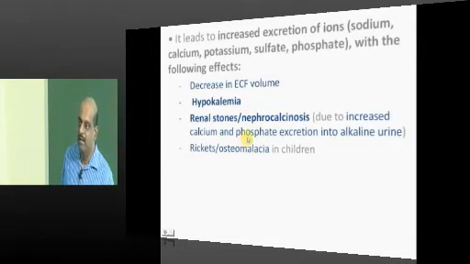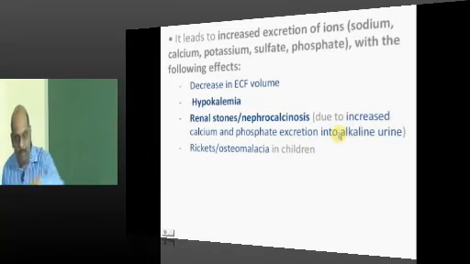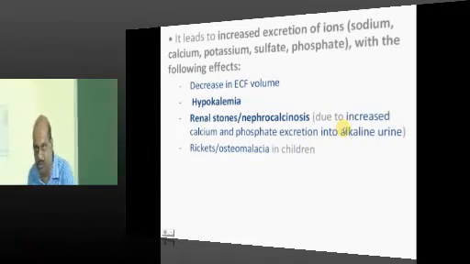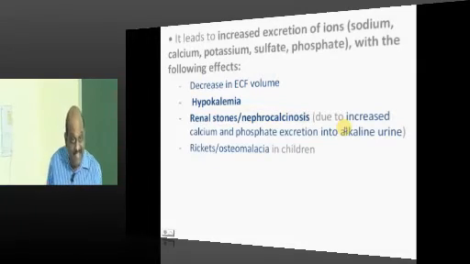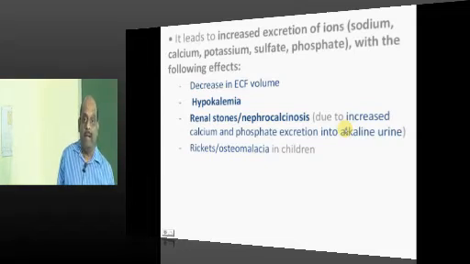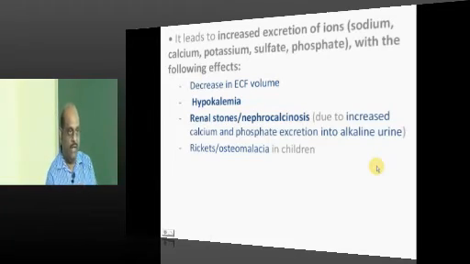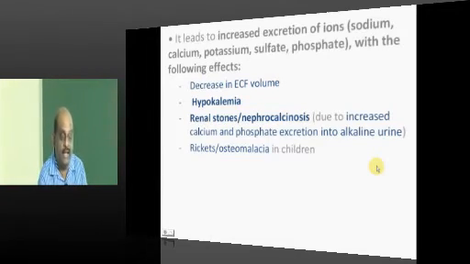nephrocalcinosis? The reason is, if the tubular fluid pH in the distal convoluted tubule is acidic, it prevents stone formation. But if it is alkaline pH, immediately the calcium inside the tubular fluid and oxalate will bind with each other and that leads to stone formation.